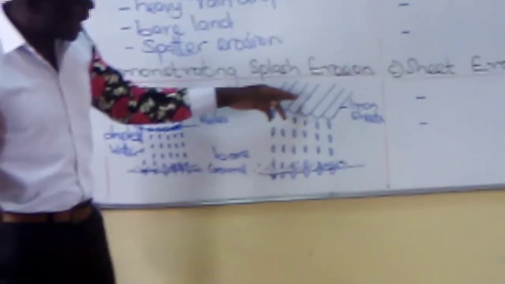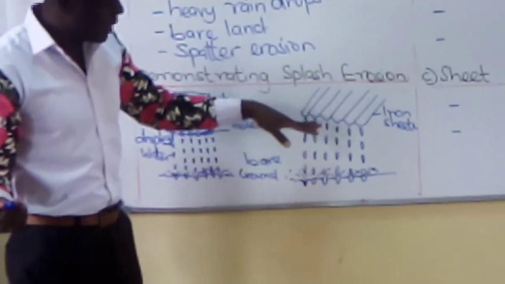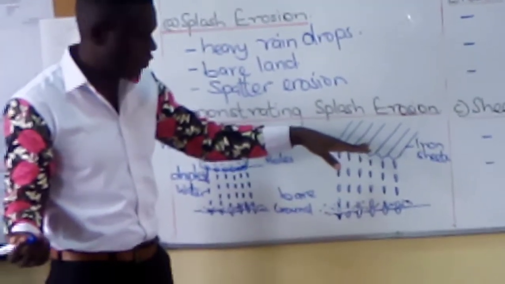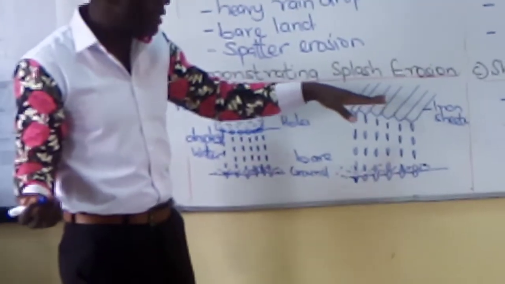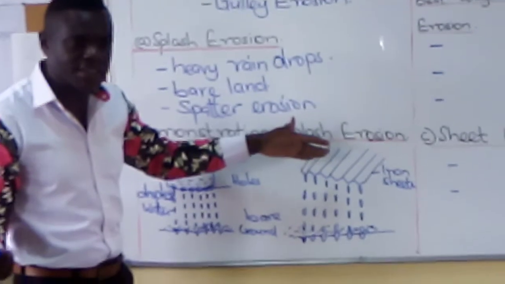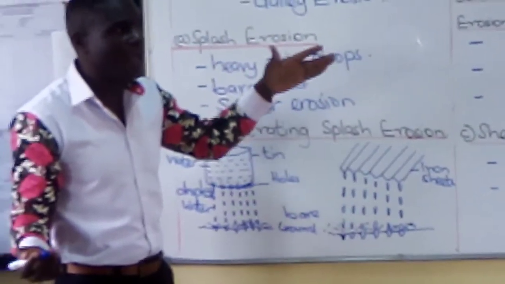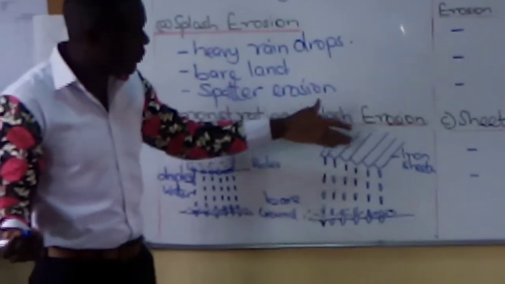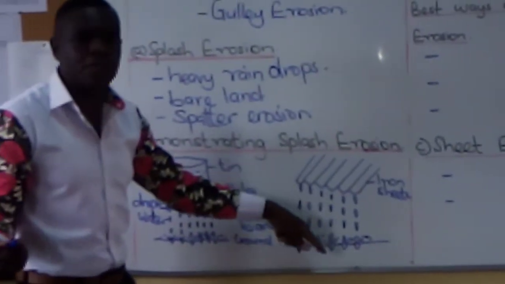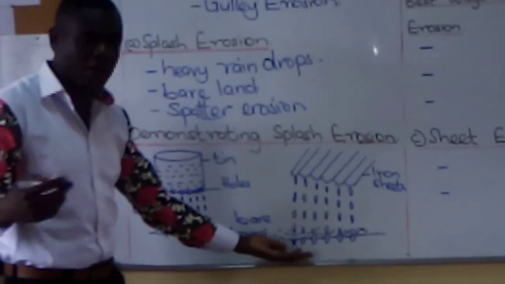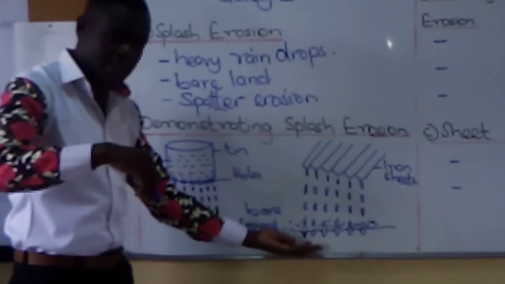Better still, boys and girls, this is like a roof of a house with iron sheets on top. When it rains, the water falls in the ridges that are found in the corrugated iron sheets. And through the ridges, the water falls along the pavement, forming holes on the ground along the pavement.